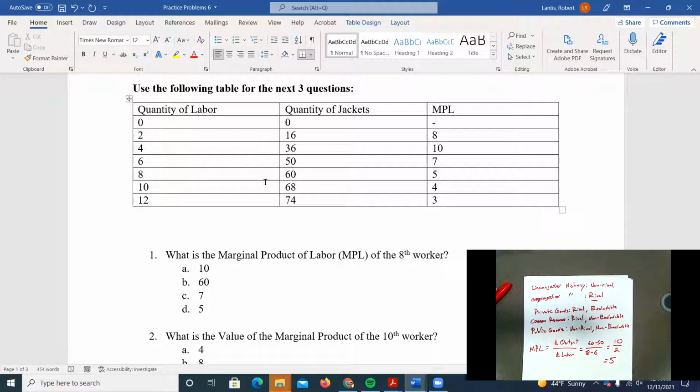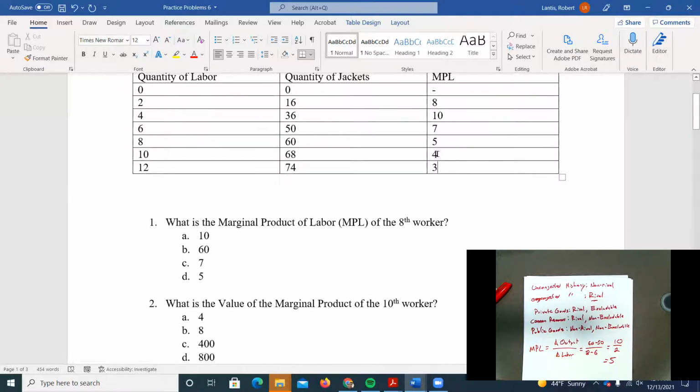Initially, I might get some specialization. Where would that show up in the table? When I went from 2 to 4 workers, my marginal productivity of labor actually increased. That might be a result of specialization, but over time, I know that the change in output, or my marginal productivity of labor, is going to decline or diminish.